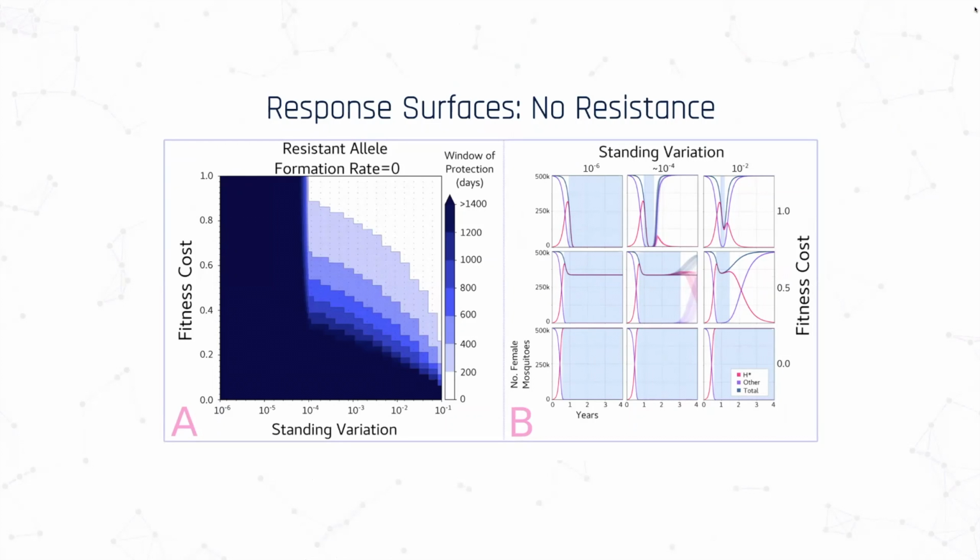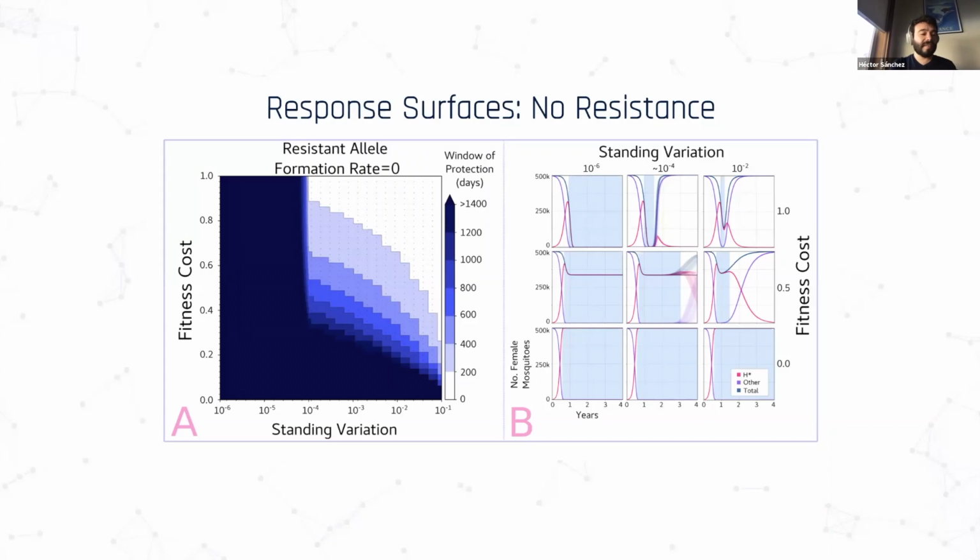The problem for the suppression strategy starts occurring when we increase the genetic standing variation to approximately 10 to the minus 4. At that point, there's enough variation in the locus we're trying to home into so that some resistance can arise. And if there's resistance, those mosquitoes are fertile and they have a fitness advantage and the population bounces back. And as we go further into more genetic standing variation, it starts breaking down.